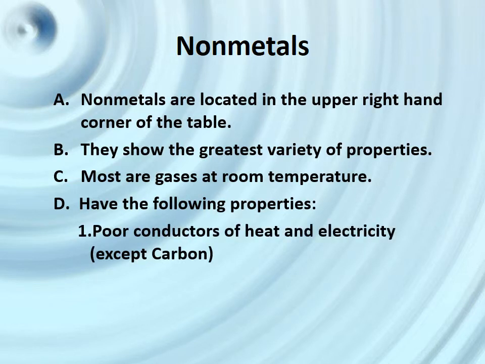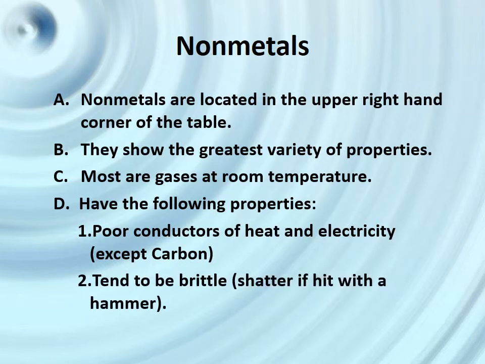They are poor conductors of heat and electricity, with the exception of carbon. Carbon tends to conduct electricity much better. They tend to be brittle if they're in a solid form, which means if you hit them with a hammer, they're going to shatter. Just think about taking a piece of carbon and hitting it with a hammer, or silicon and hitting it with a hammer.